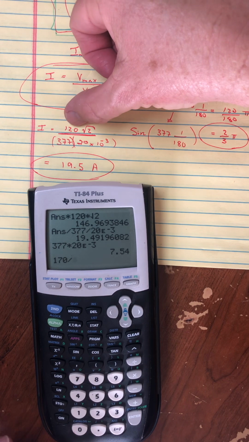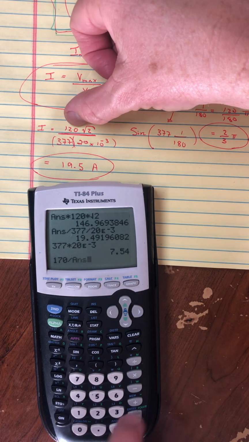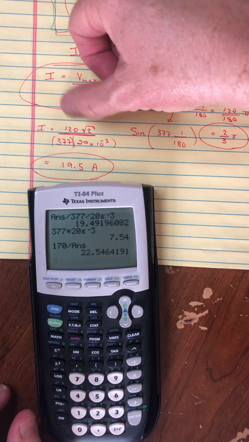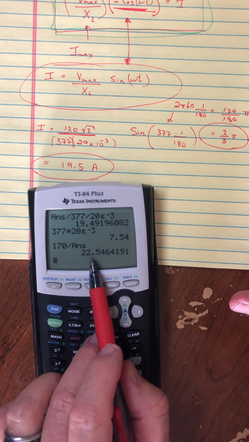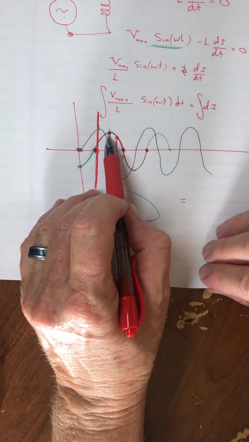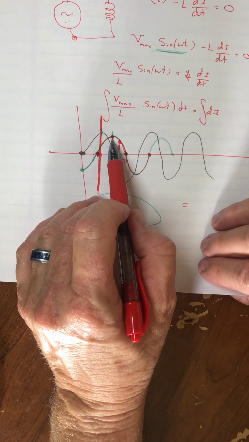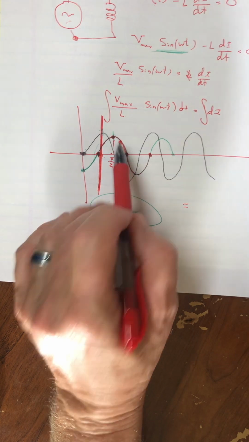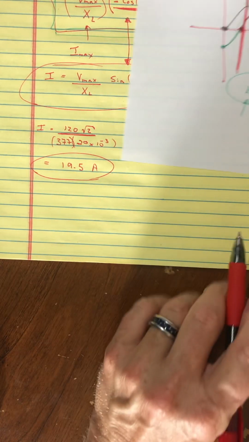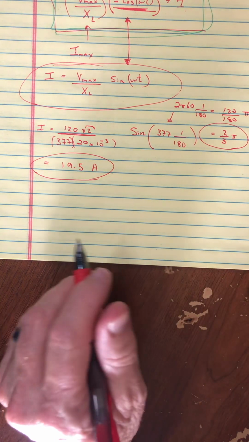So it's 170 divided by that last answer. So it looks like the maximum current is about 22.5 amps. So again, coming back to our graph, it ramps on up, and in a quarter of the cycle is here at 22.5 amps. Now it has tapered off, not by much, but we're down to 19.5 amps.